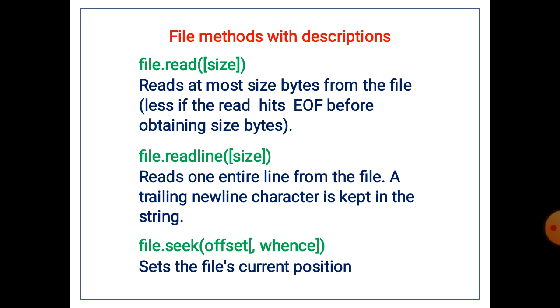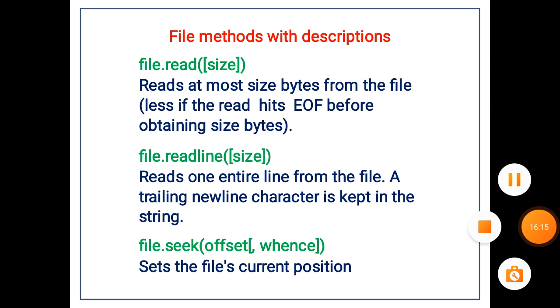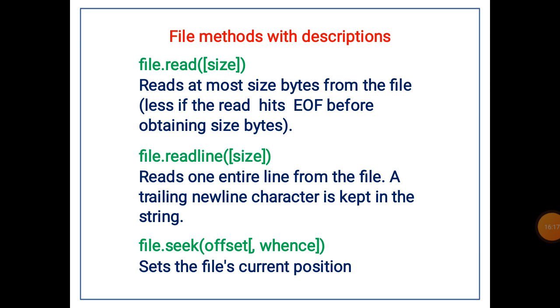A trailing newline character is kept in the string. Next, file.seek offset whence from sets the file's current position.